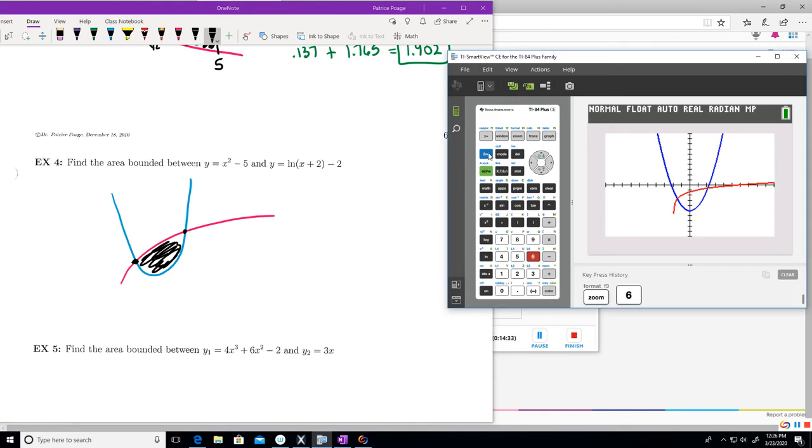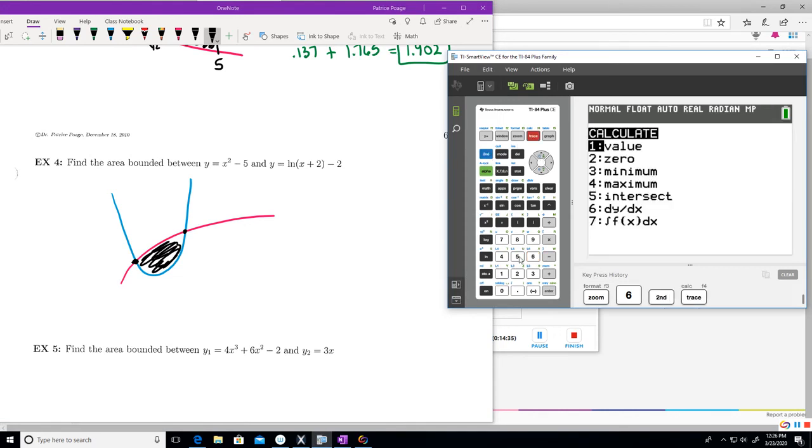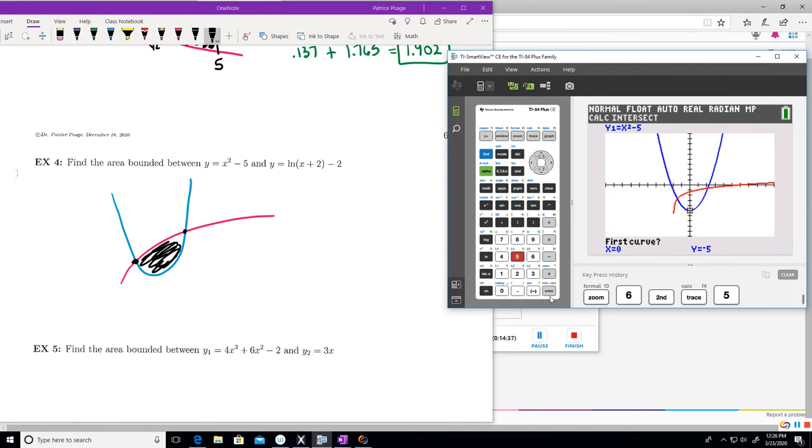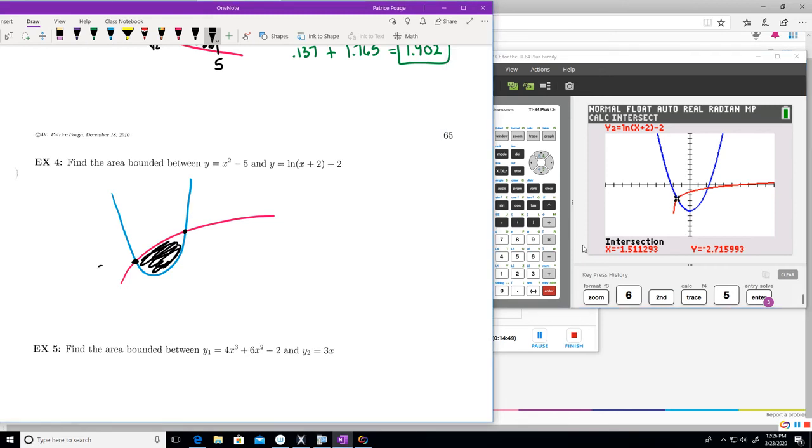So I'm going to go to second trace, number 5. First curve enter, second curve enter, guess enter, and it gave me the one on the left over here, and I just need the x value. So negative 1.511. And then I'll find this one over here on the right.